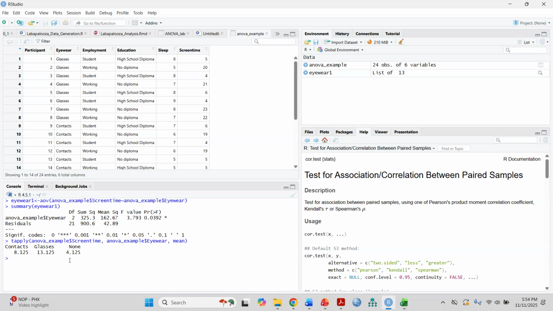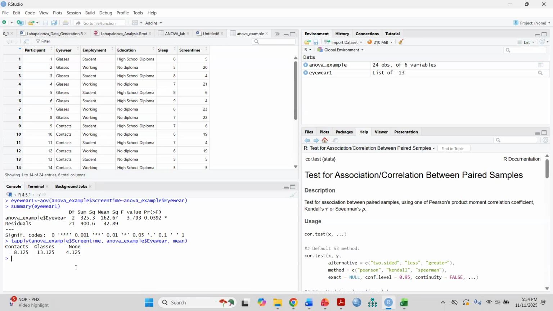Now you could probably think, well, the largest value for screen time and the smallest value for screen time will probably be significantly different from each other. But we don't know if, for instance, people who wear glasses have a different overall screen time than people who wear contacts. Even though these numbers look different, we don't know if they're significantly different just by looking at the numbers.